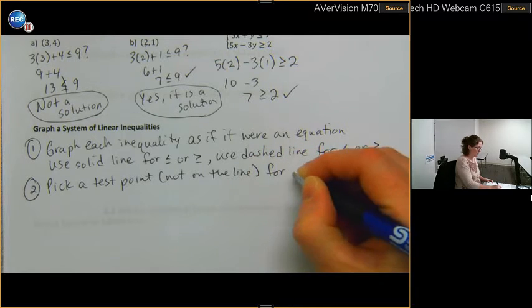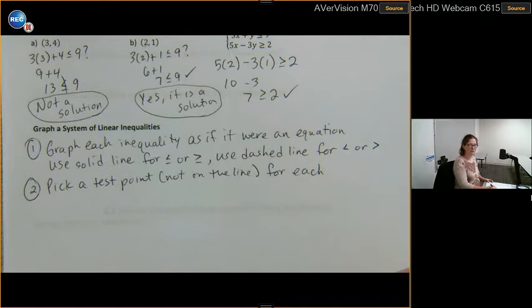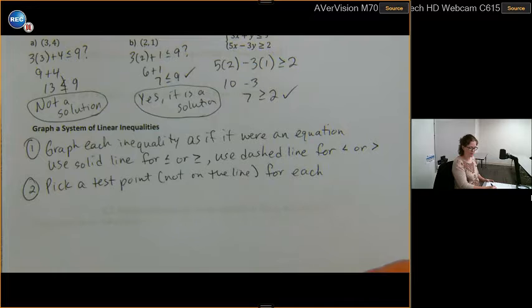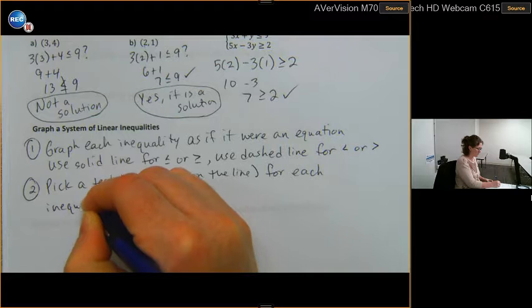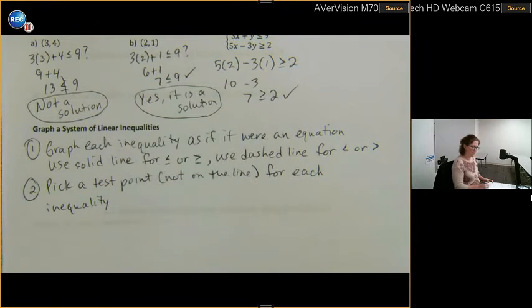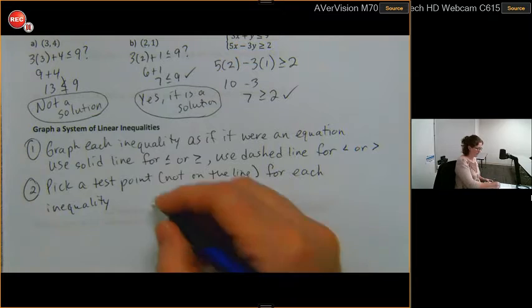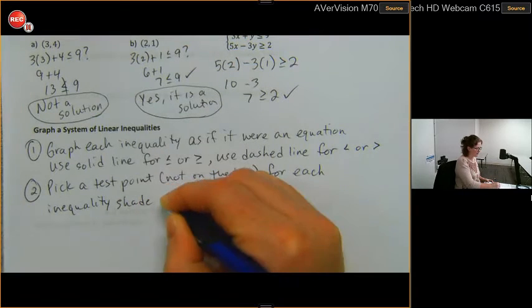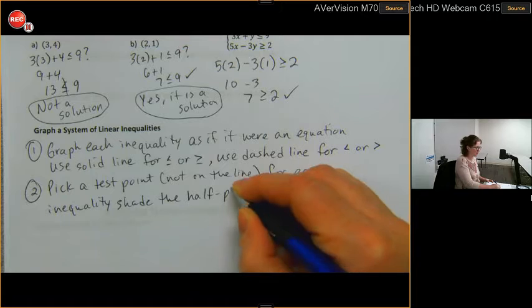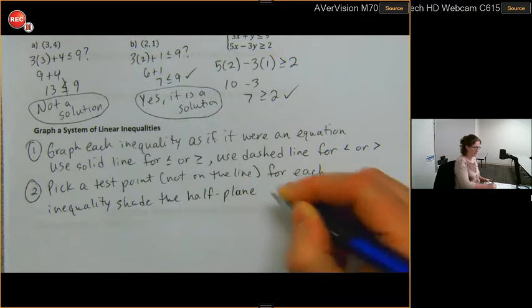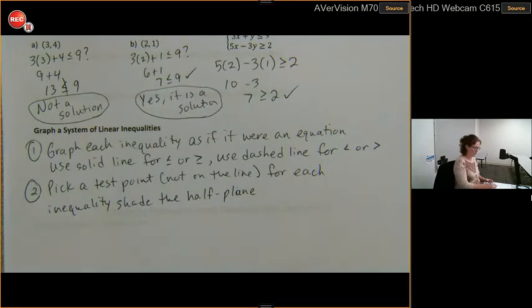And we're going to do that for each inequality because we're going to have 2 of them that we're graphing at the same time. Or we could have more. I think we'll just stick with 2 though. And we put that test point into the inequality. We see if it's true or false. And we shade, it's called the half plane, which is just the side of the line where it's true.